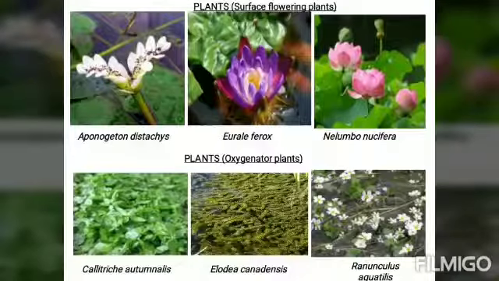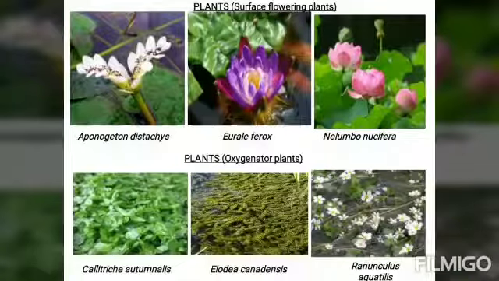So here are some examples of the flowers. The first three are the surface flowering plants. There are so many, but I have given three examples here. The first one is Aponogeton distachyos, the second is Euryale ferox, and the third is Nelumbo nucifera.